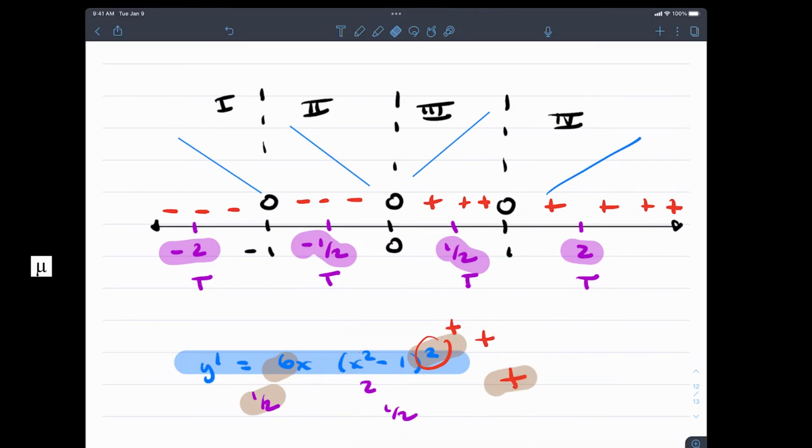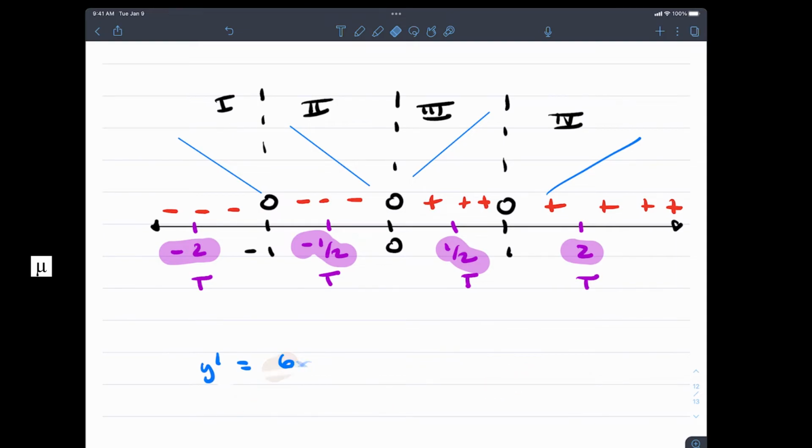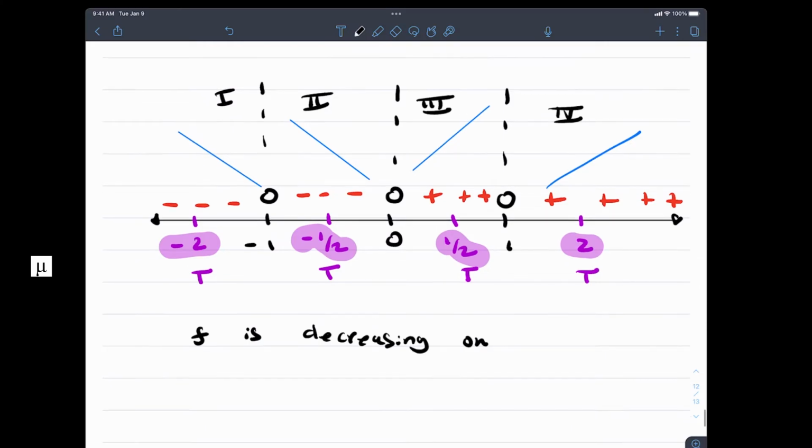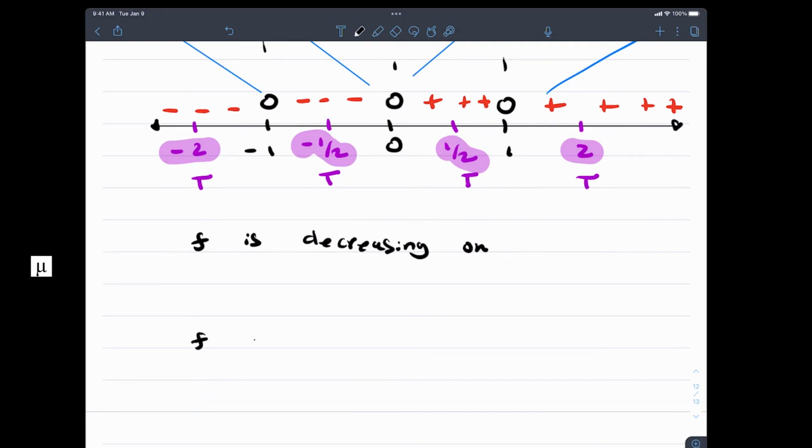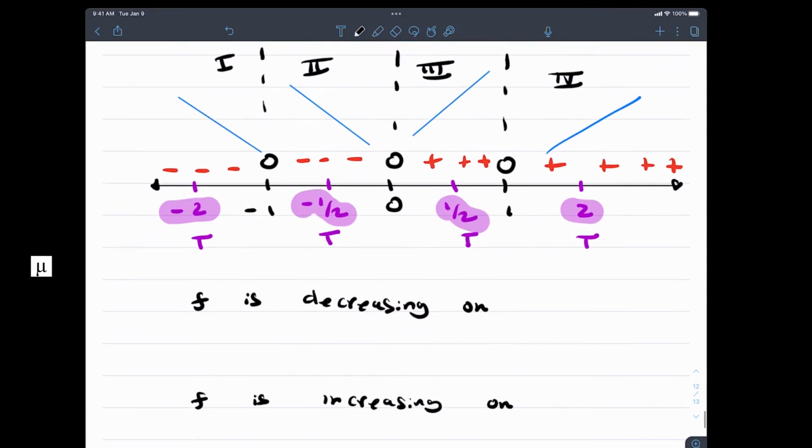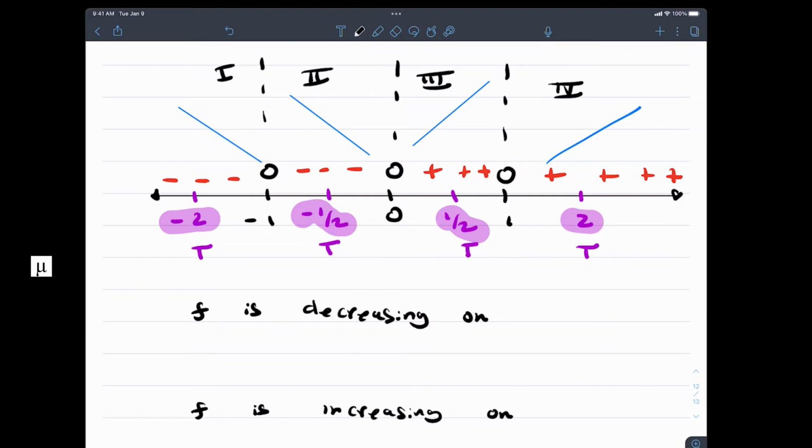So I'm going to clean this up. Let's answer this. What's your conclusion here? F is decreasing on what intervals? And F is increasing on what intervals? Right, where is it actually decreasing?